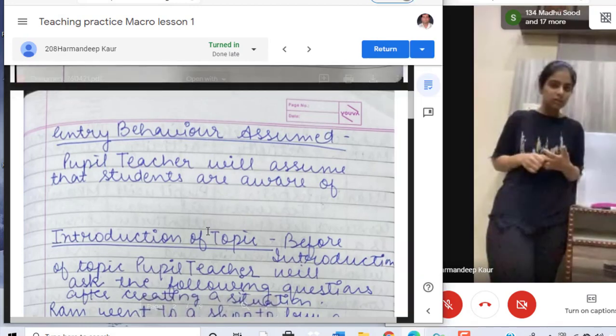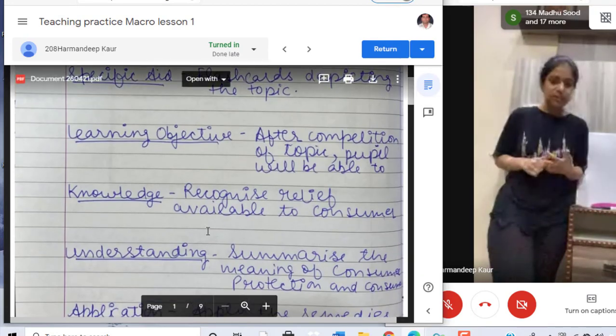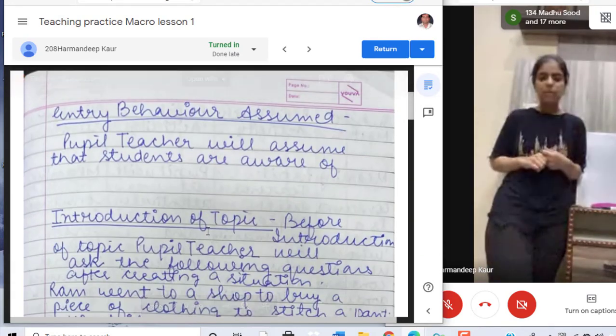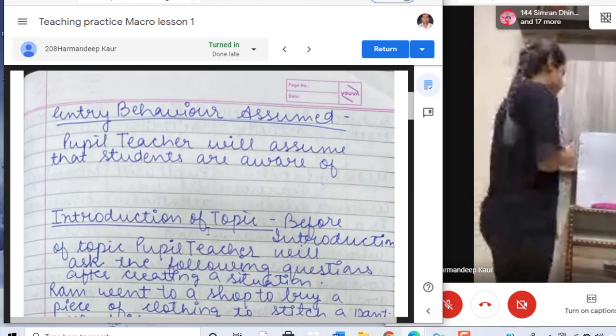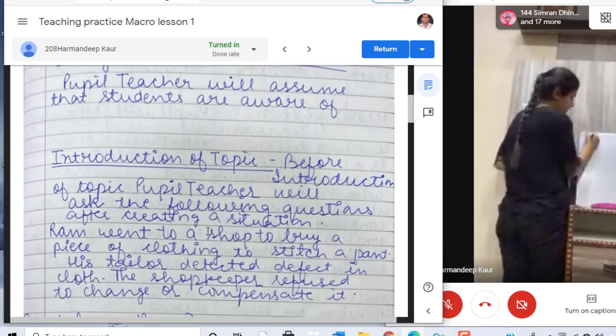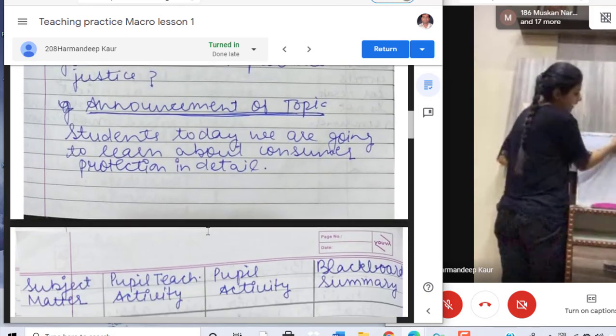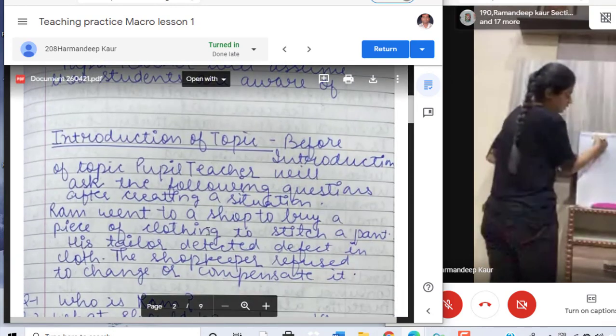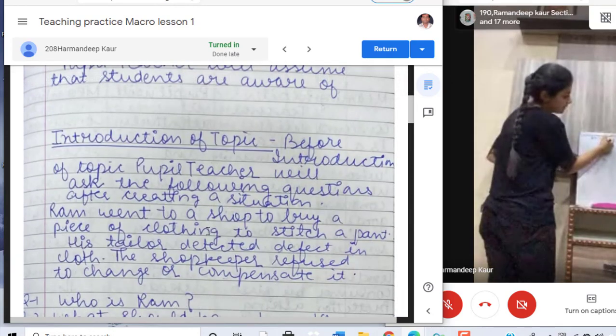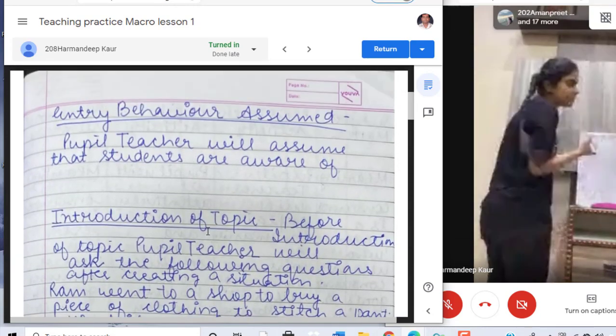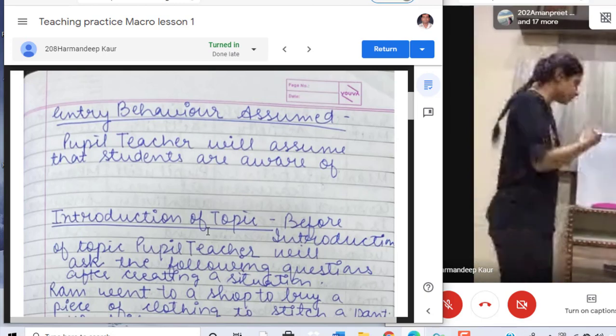Consumer Protection Act. Yes. So today we learn about the Consumer Protection Act, 1986. But before that, first we will understand who is a consumer.